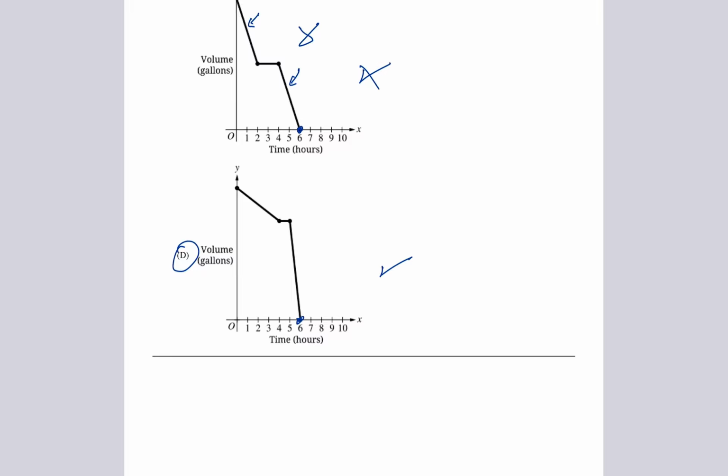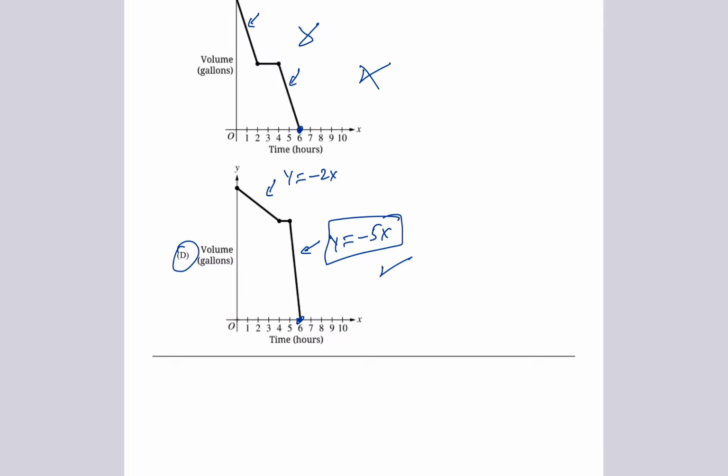And what about option D? Well, with option D, it is moving at a slower rate than this one, that is true. Let's say y equals negative 2x. This is y equals negative 5x. This one is emptying the pool at a faster rate.